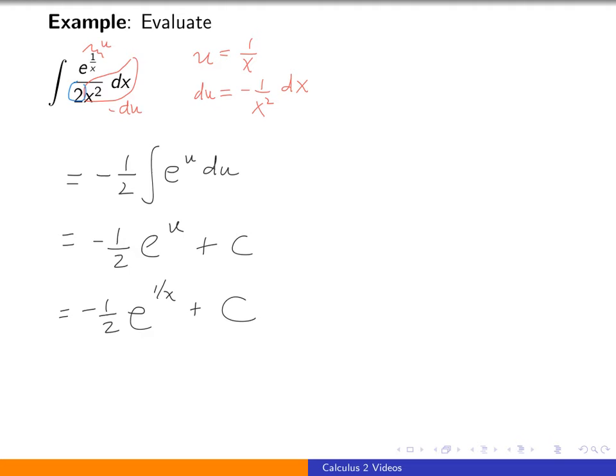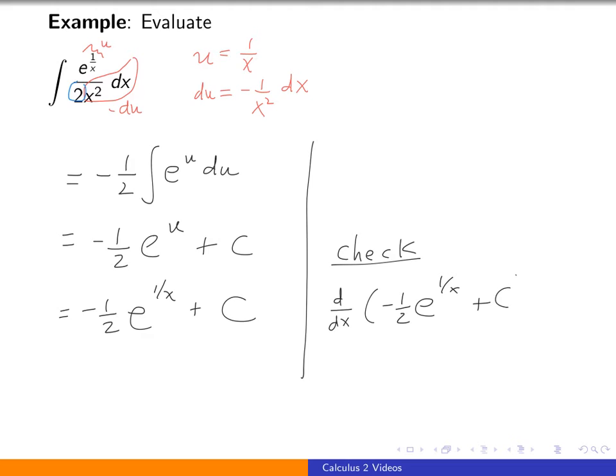Now, just for fun, as a reminder that you can always check your work. Remember, differentiation is typically an easier process than integration. So if I want to check, what I would need to know is what is the derivative of minus 1/2 e to the 1 over x plus c.